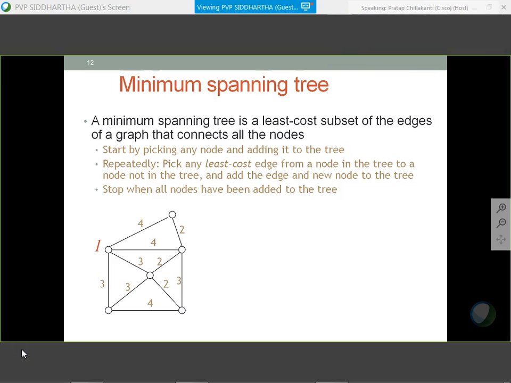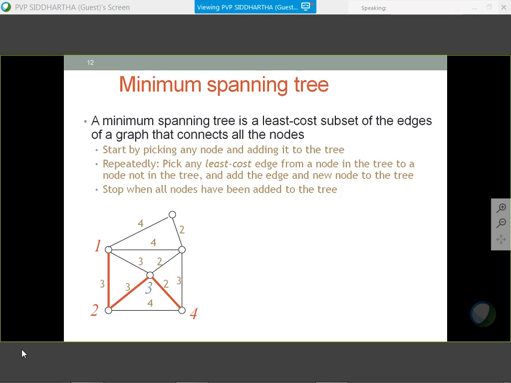Okay, so hit return. Continue. There's some animation here. So what did it say? Start by picking any node and adding it to the tree. Then see how the animation is working.